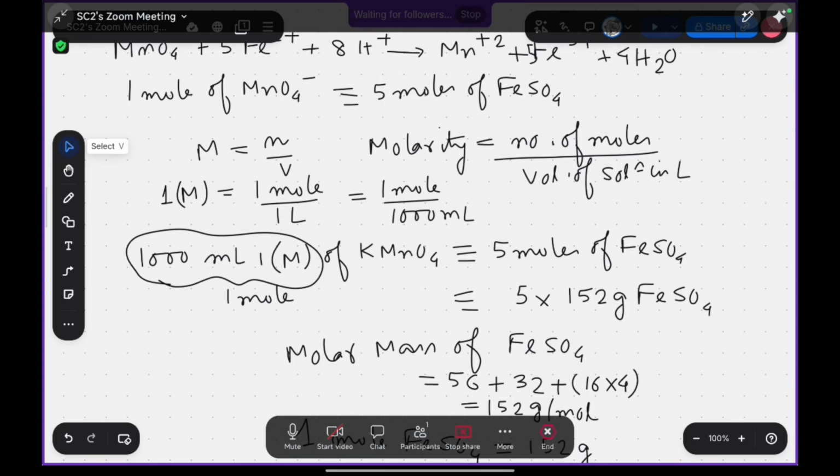So what does it mean? 1 mole KMnO4 oxidizes 5 moles ferrous sulfate.